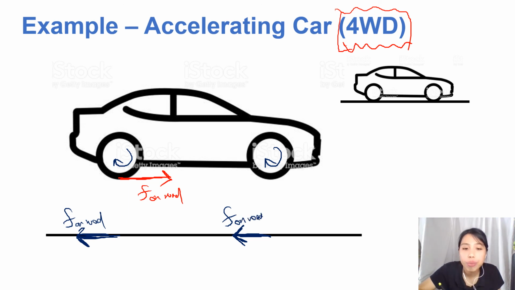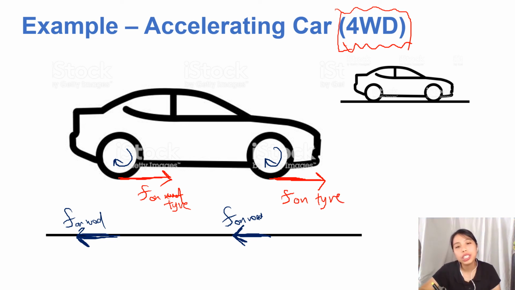Tire trying to push the road back. In return, the road is pushing the tire forward. F on the tire. So you see now, there is much less backwards friction force. In fact, almost none.